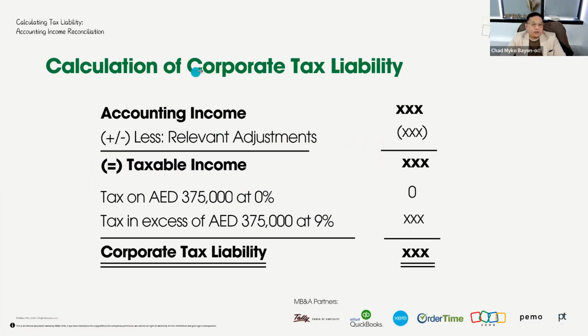Okay, so the correct calculation is we will be starting with accounting income, then plus or minus the relevant adjustments, and then we will be able to come up with our taxable income, and this would be the basis for our tax computation for corporate tax liability. Again, tax on 375,000, that would be 0%, zero value. In excess of 375,000, that will be at 9%.